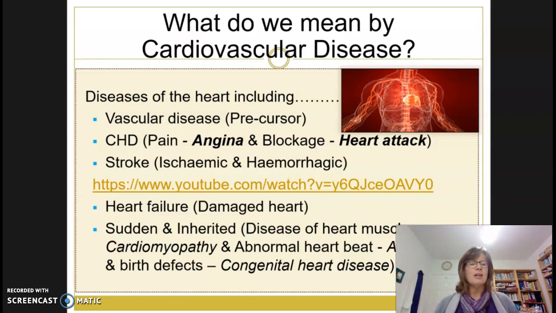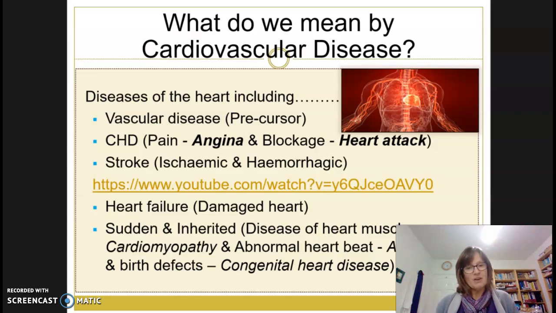A stroke is one of two kinds, ischemic and hemorrhagic. So hemorrhagic is a bleed. Ischemic tends to come when something like a blood clot blocks an artery, and therefore the tissue behind it, where the blood isn't getting through to, becomes hypoxic and it gets damaged by lack of oxygen.